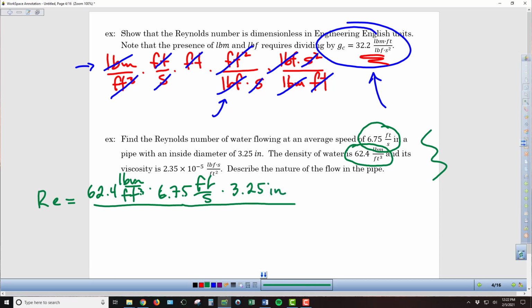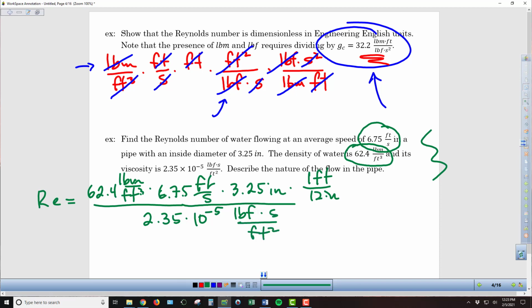Now hopefully we're recognizing that that is not matching up units-wise with the feet that we need, so we are going to have to introduce a conversion factor of 1 foot per 12 inches, and then we're dividing by the viscosity, and so we can see the viscosity number given to us there, 2.35 times 10 to the negative fifth pound force times seconds over feet squared.